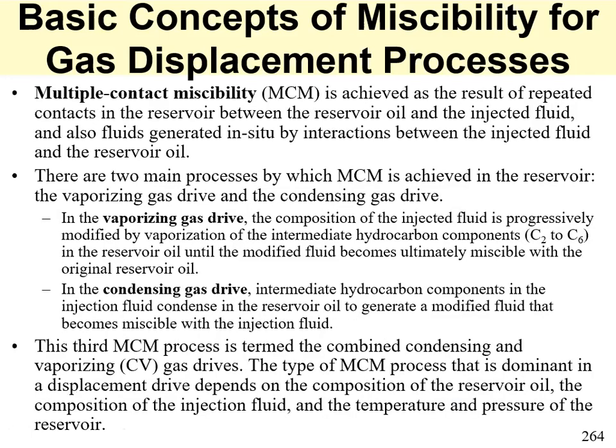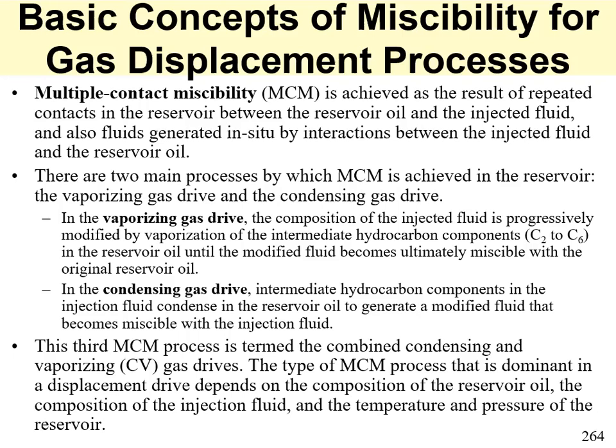Multiple contact miscibility is achieved as a result of repeated contact between the reservoir and the injected fluid, and also fluids generated in situ by interactions between the two fluids.